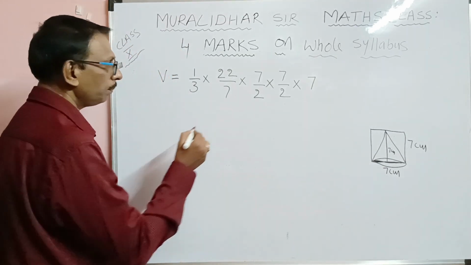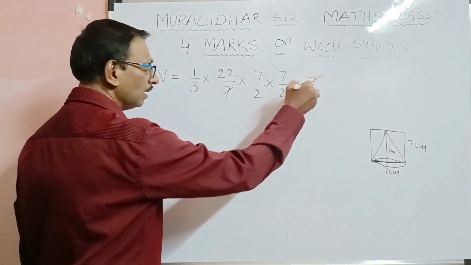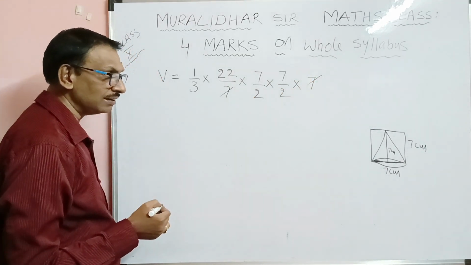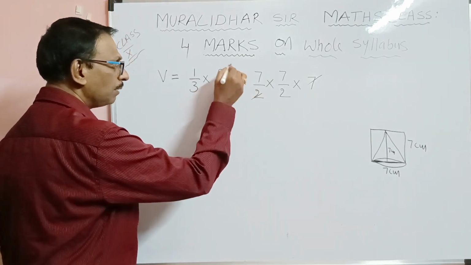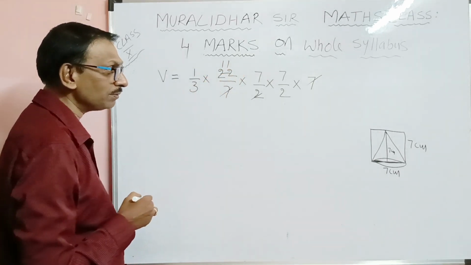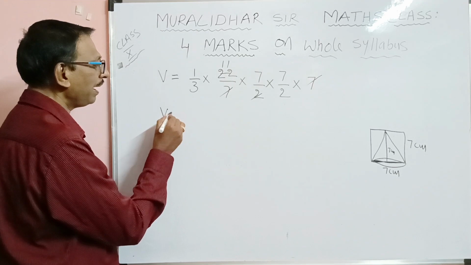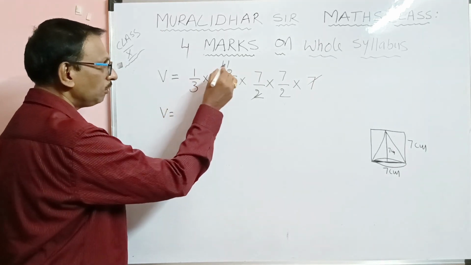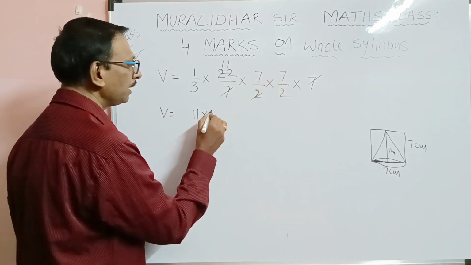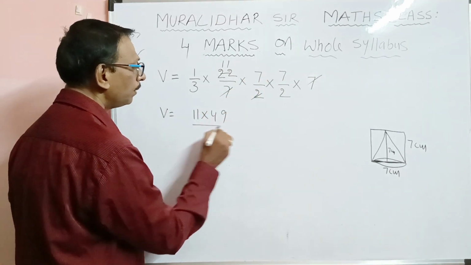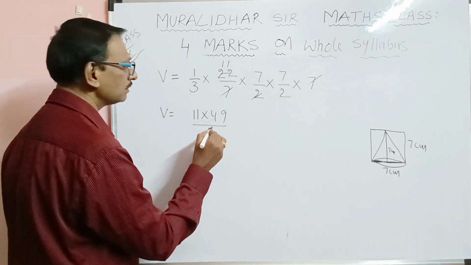Now by simplifying, the 7 in the denominator and the 7 at last are cancelled, 2 table 1 time, and in this 22, 11 times. The remaining product: v is equal to 1 into 11 is 11, 7 into 7 is 49, by 3 into 2 is 6.